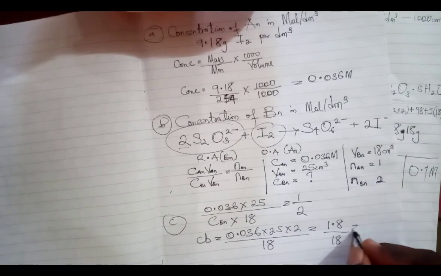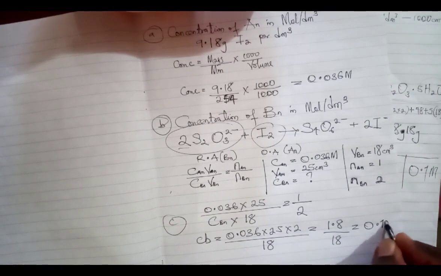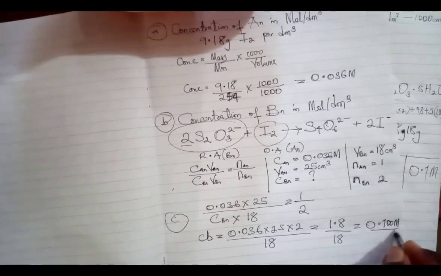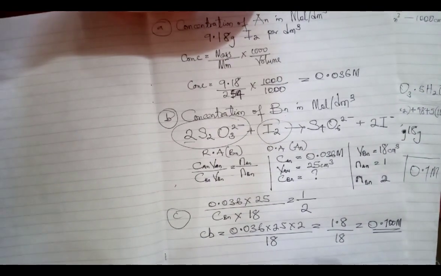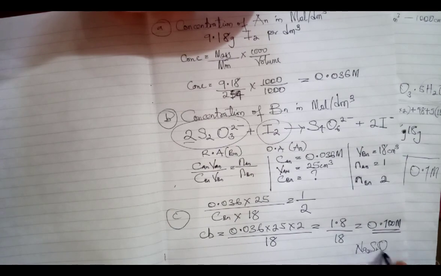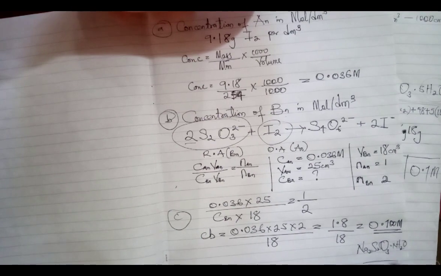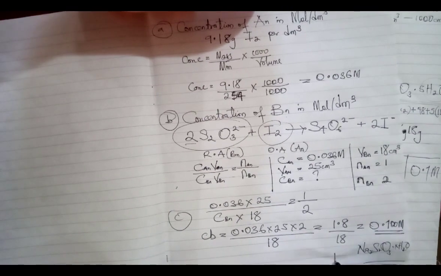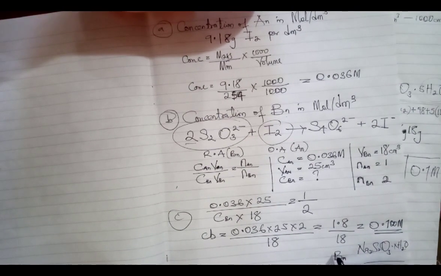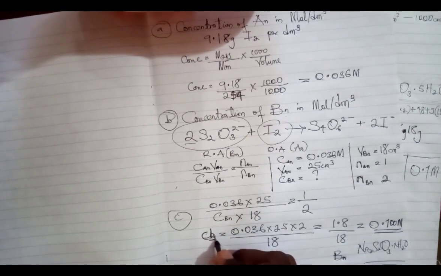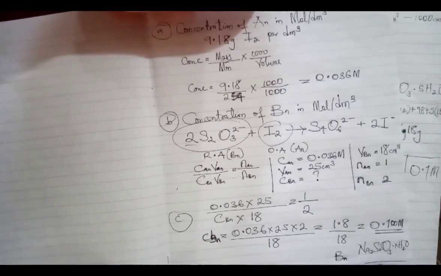Then this one gives you 0.100 mole of CB, which is sodium thiosulfate, which is our sodium thiosulfate S hydrate. This is the concentration of our BN now, CBN, okay, which is the CBN we have here.